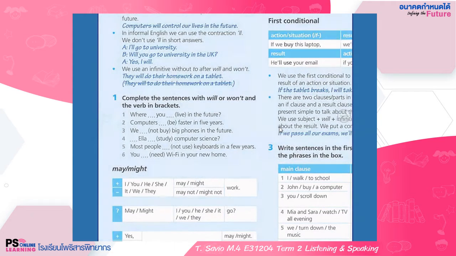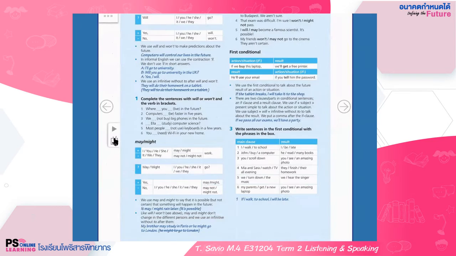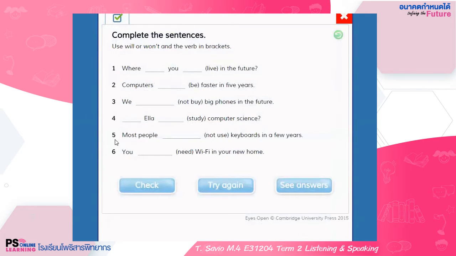As an example, complete the sentences with will or won't and the verb in brackets. The verbs in brackets are these words: live, be, not buy, study, not use, and need.